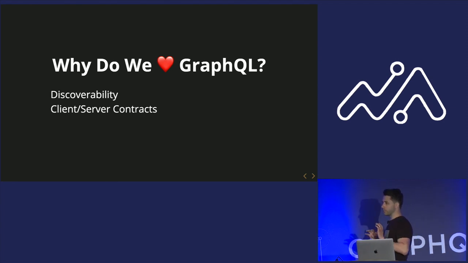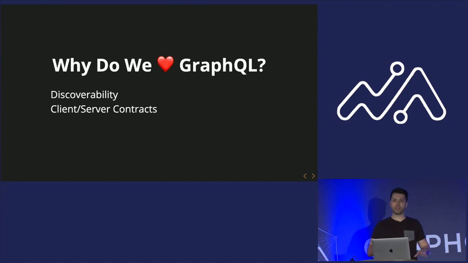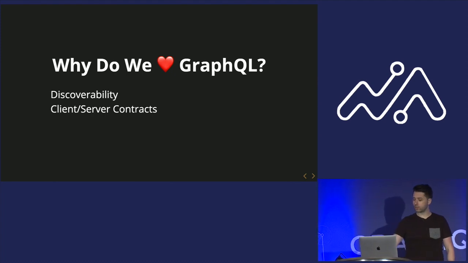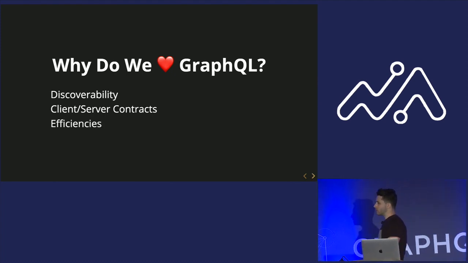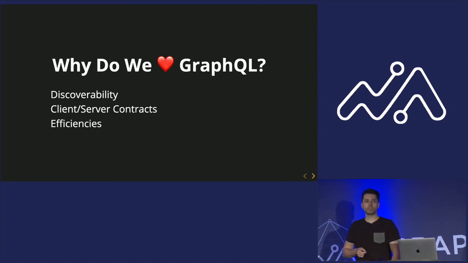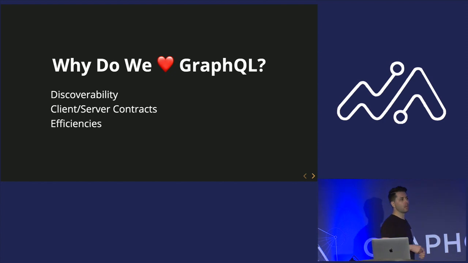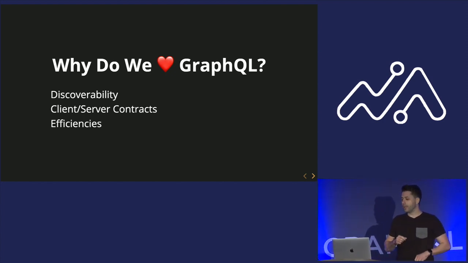The server is able to say, I have these things, and the client is able to say, I want these things, and they're able to communicate with one another to ensure that what the client application wants is something the server can give back. And I think another one that we all love would be the efficiencies that we can get with GraphQL. So things like not needing to make multiple round-trip requests, not overfetching, getting back only the fields that we want, that sort of thing.